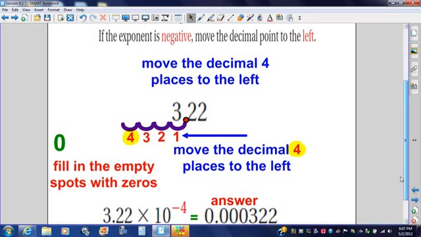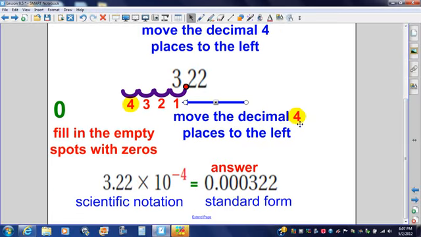So, visual people, I'm going to move the decimal 4 places to the left. So this would be 1, 2, 3, 4. My decimal has moved in my number, so I'm going to cross this one out. It's now at the beginning, or all the way to the left, and I'm going to fill in the empty spots with zeros.